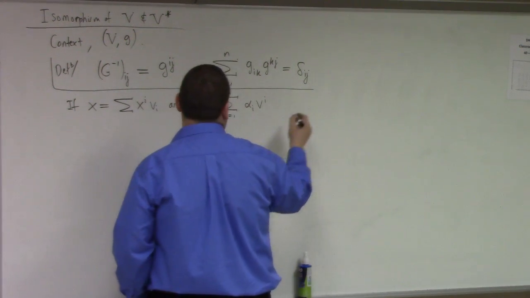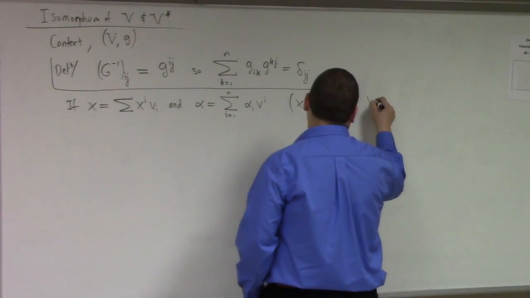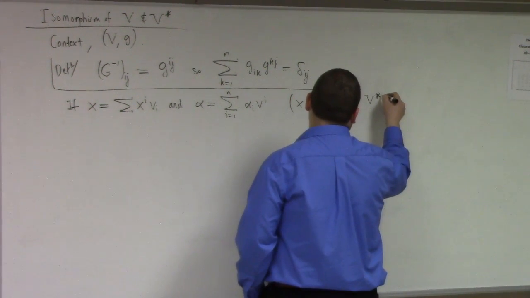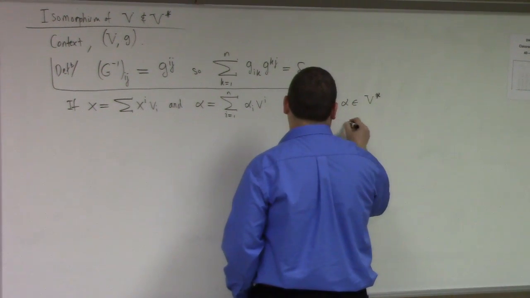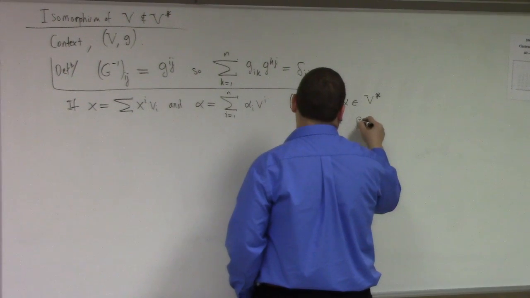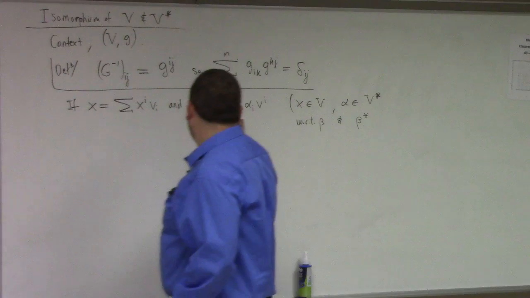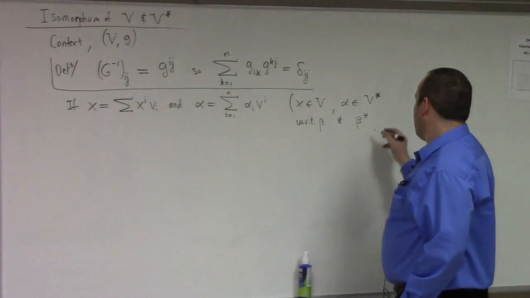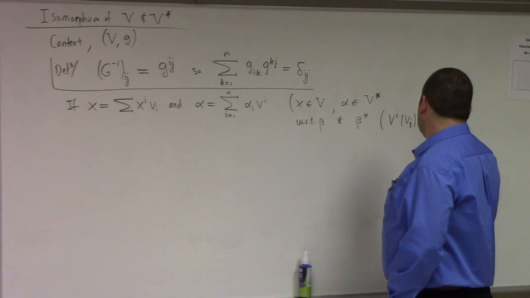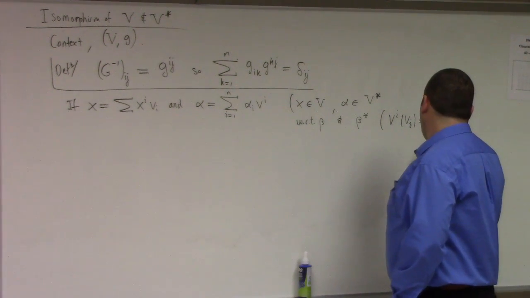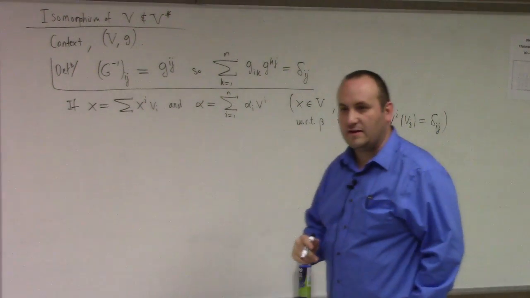In other words, x is an element of V, alpha is an element of V dual, and we're looking at the basis and the dual basis and expanding. Remember what v upper i was? We defined v upper i, v lower j as the dual basis condition, Kronecker delta ij.